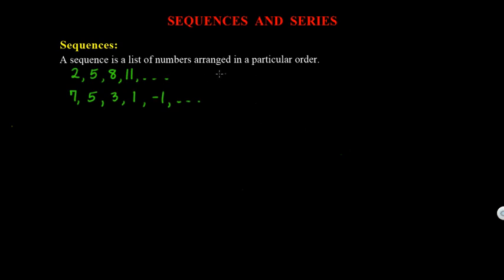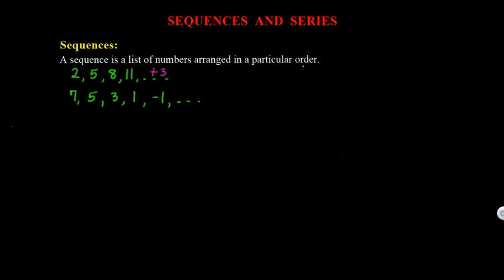Let's look at it. The very first one, we have 2, followed by 5, followed by 8. If we notice this, we will realize that this list of numbers is increasing by adding 3 to each term. So here, plus 3 is what is being added to each term. And let's look at the second one. 7 goes down to 5, goes down to 3.